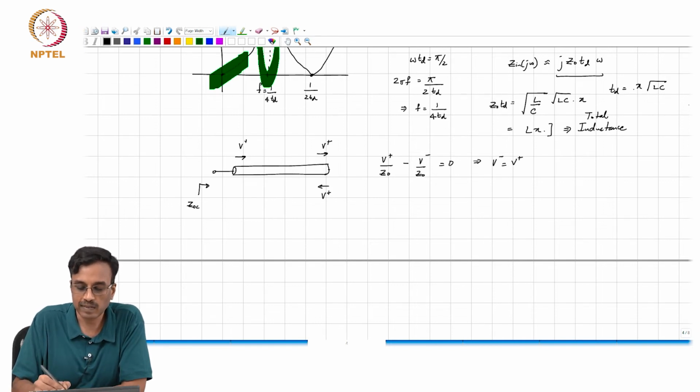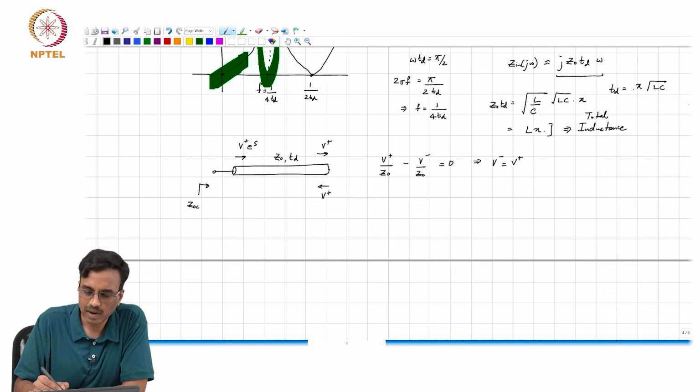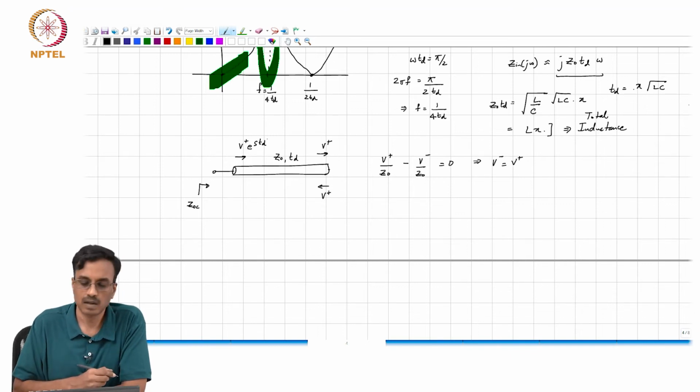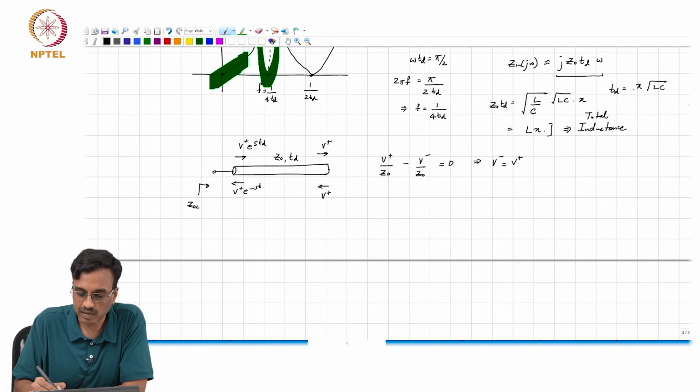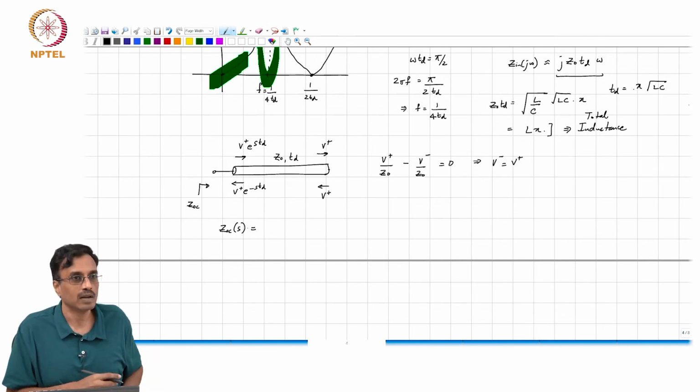This must be V plus e to the plus sTd, right. And what must this be? V plus e to the minus sTd. I am going to skip all the algebra. You should now be able to tell me what the impedance is.